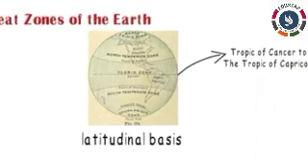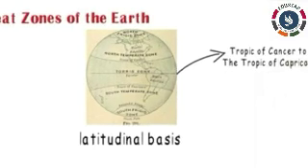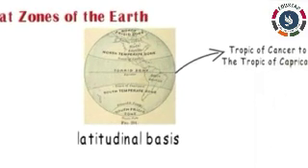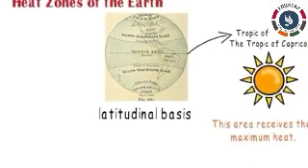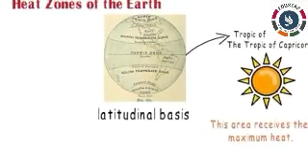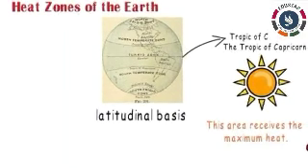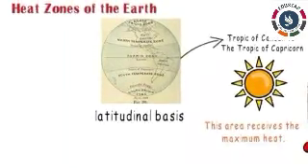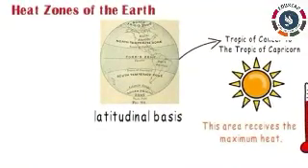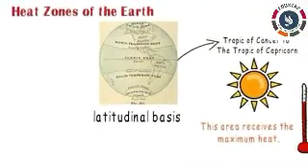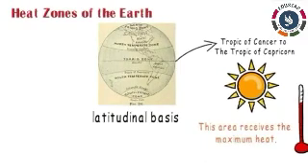Just to see the picture. Tropic of Cancer in the northern hemisphere. Tropic of Capricorn in the southern hemisphere. Arctic Circle in the north of the equator. Antarctic Circle, it is in south of the equator.